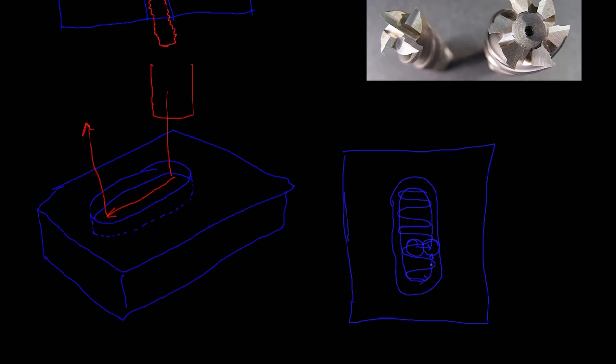Now, that pocketing pattern can change a lot. It can be a spiraling pocketing pattern. It could be an angled pocketing pattern. It all depends on what your application is and the CAM software, the computer-aided manufacturing software, provides.